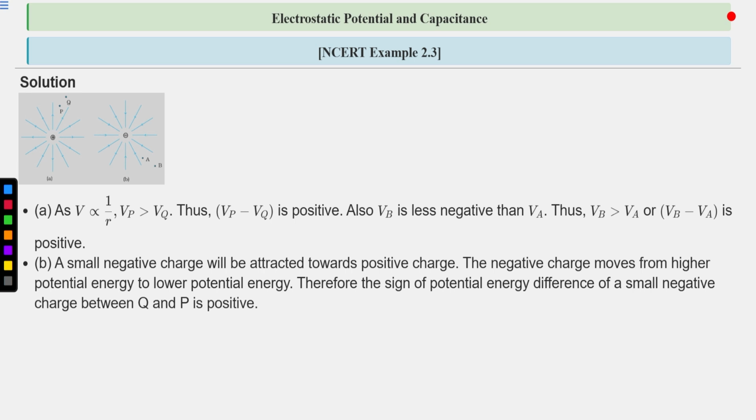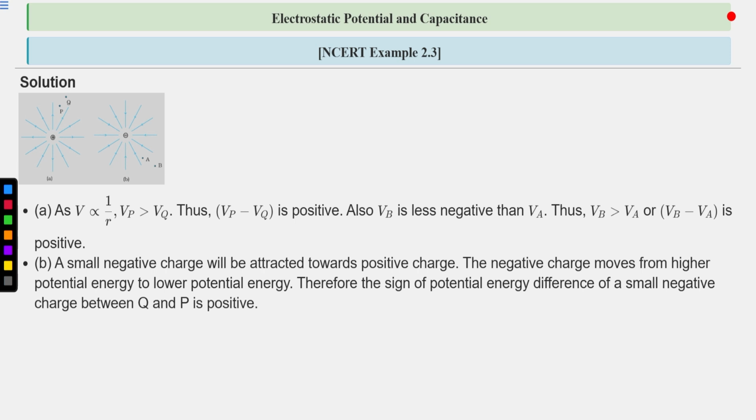Remember one thing, if we are moving any charge against the electric field, we will have to do work. The work, and hence the potential energy, will be positive. If we are moving a charge in the electric field in the same direction, we are supporting the force. We are not doing any work against the electric force.